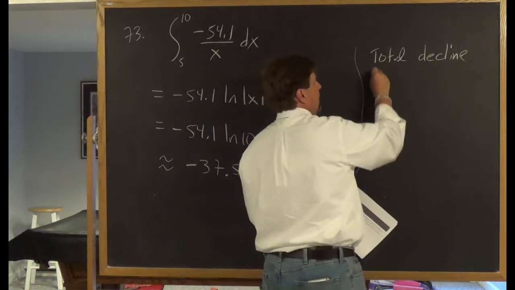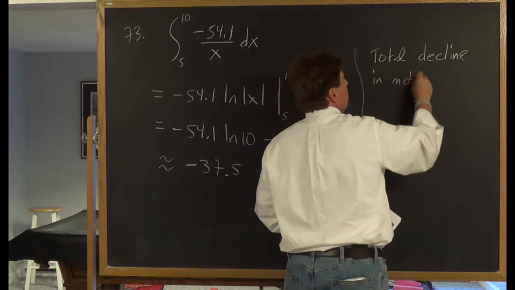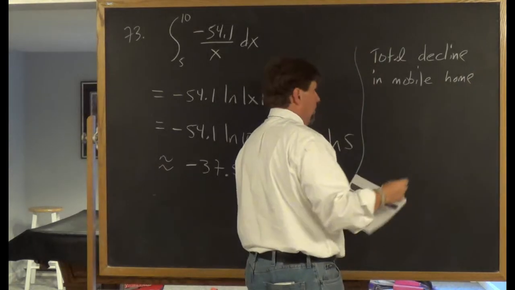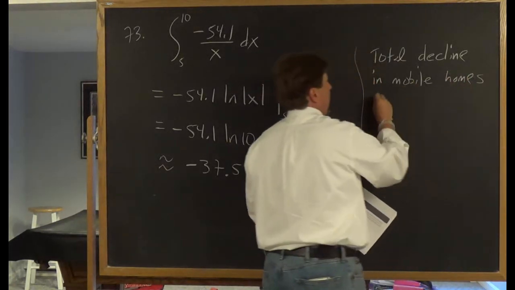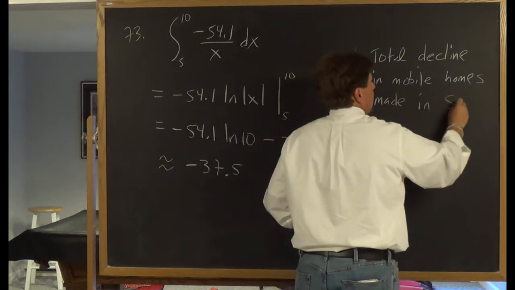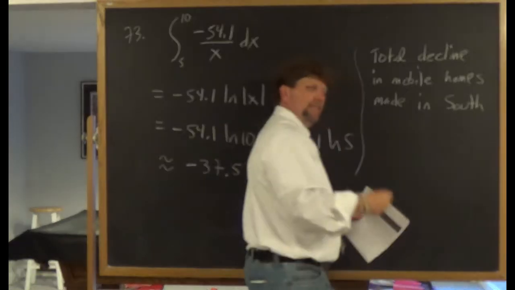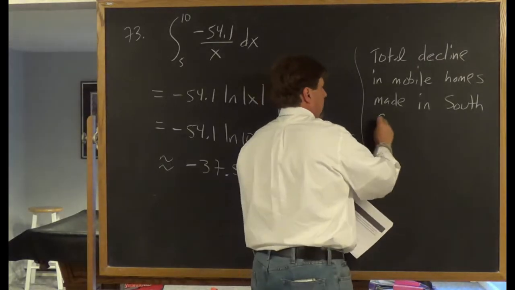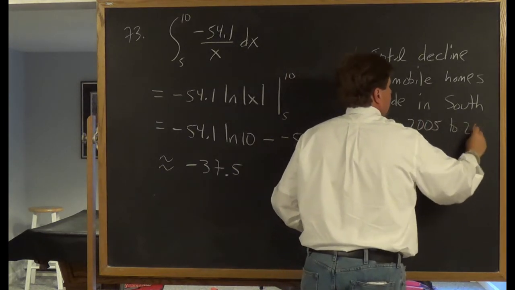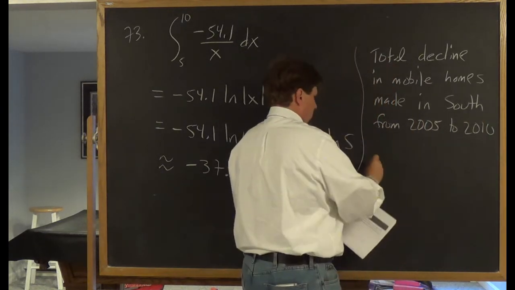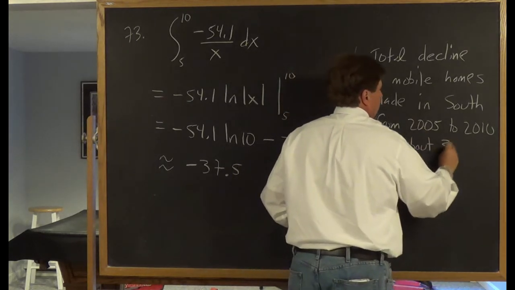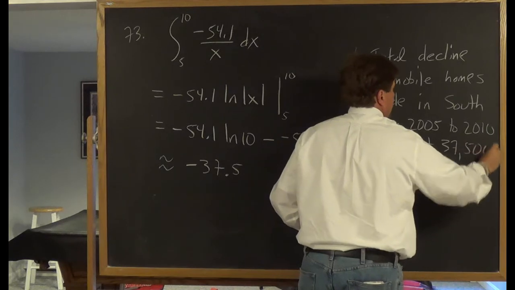The total decline in mobile homes made in the southern United States, I'm just going to say in the South, from 2005 to 2010 was about 37,500.